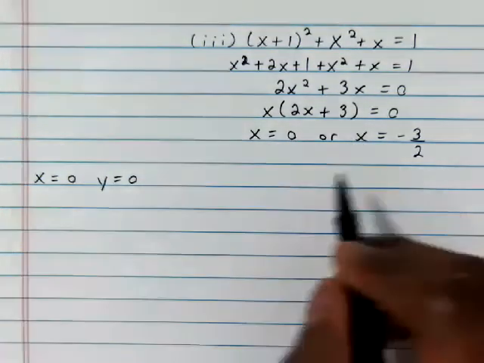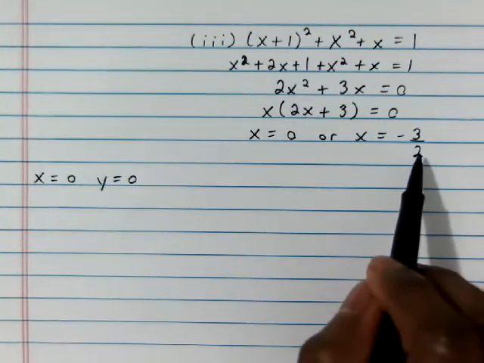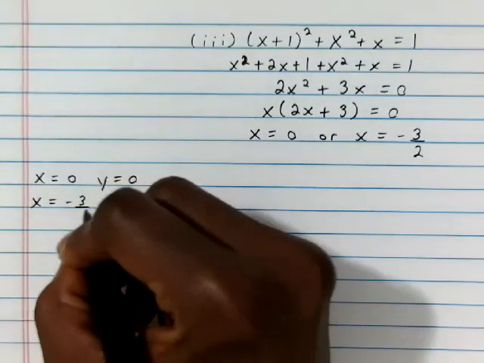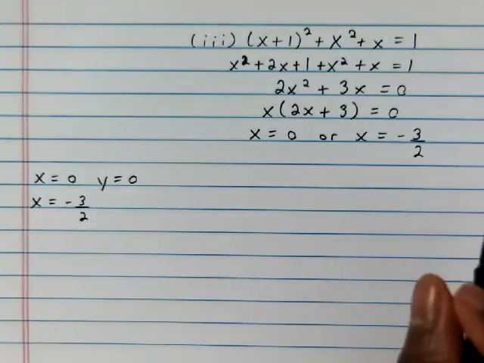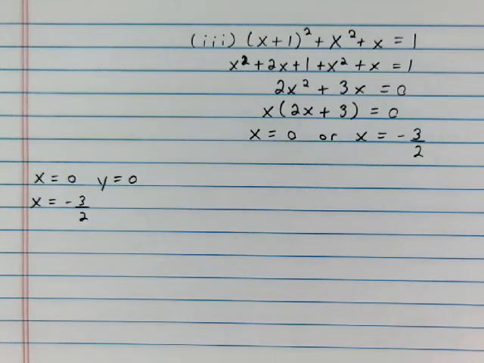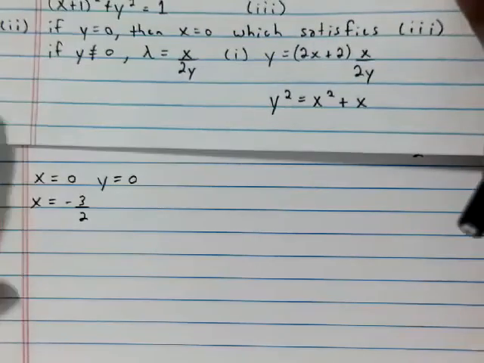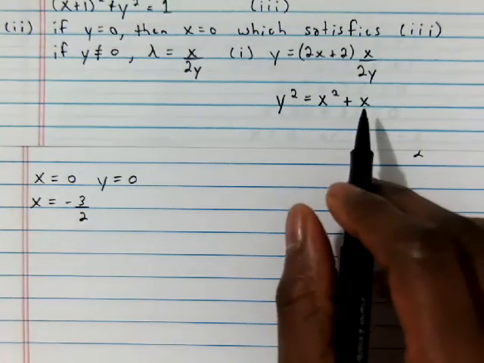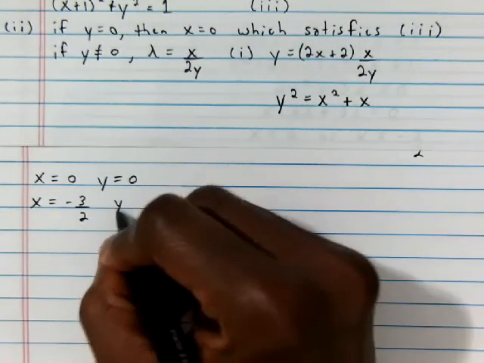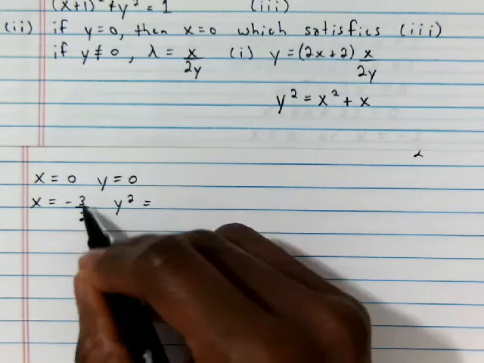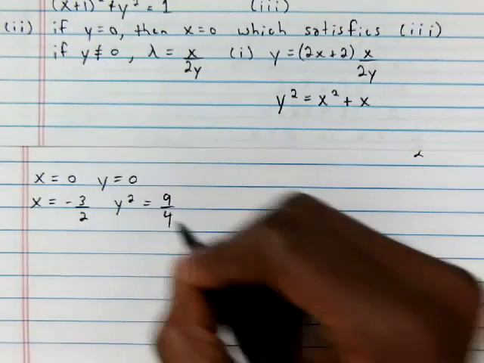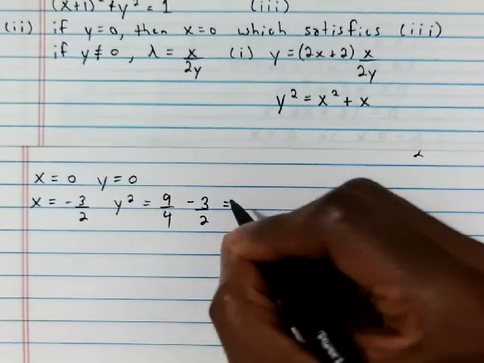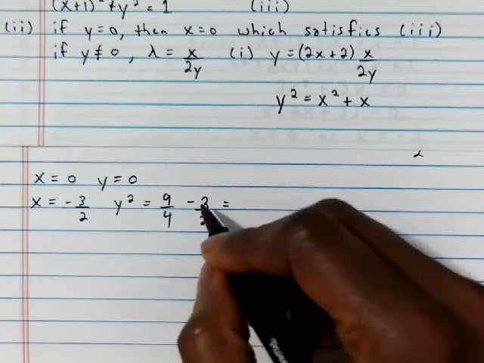And then if I take x equals negative 3 halves and plug it back into this equation, I'm going to get y squared equals 9 over 4 minus 3 over 2, or y squared equals 9 over 4 minus 6 over 4.